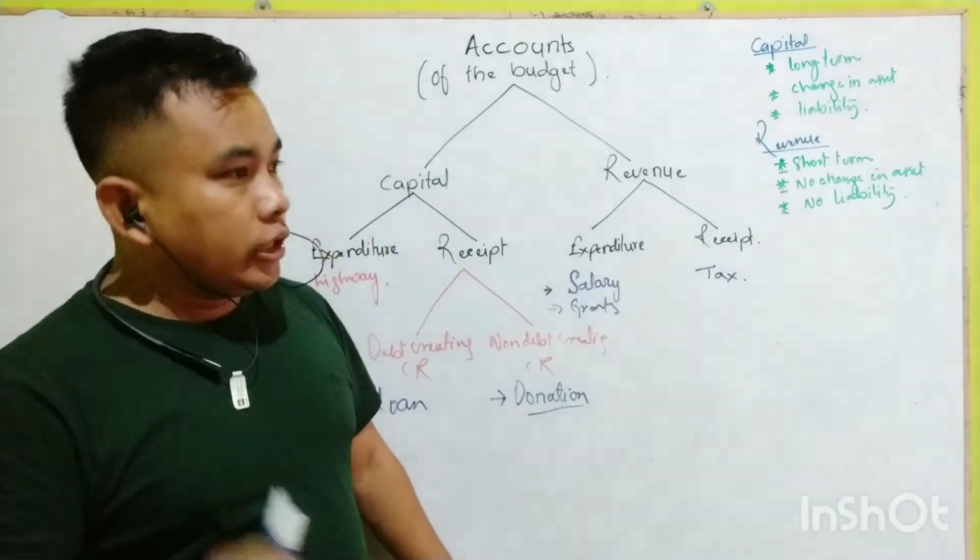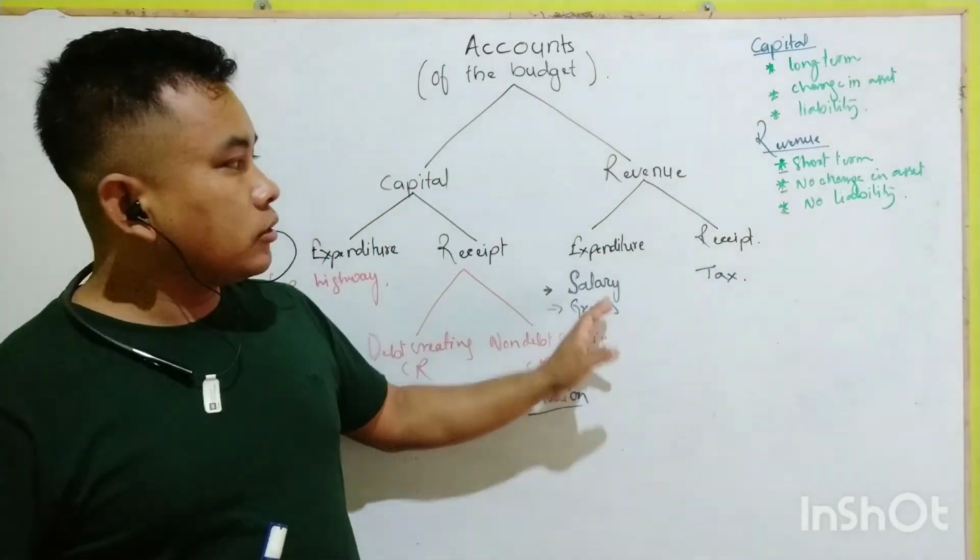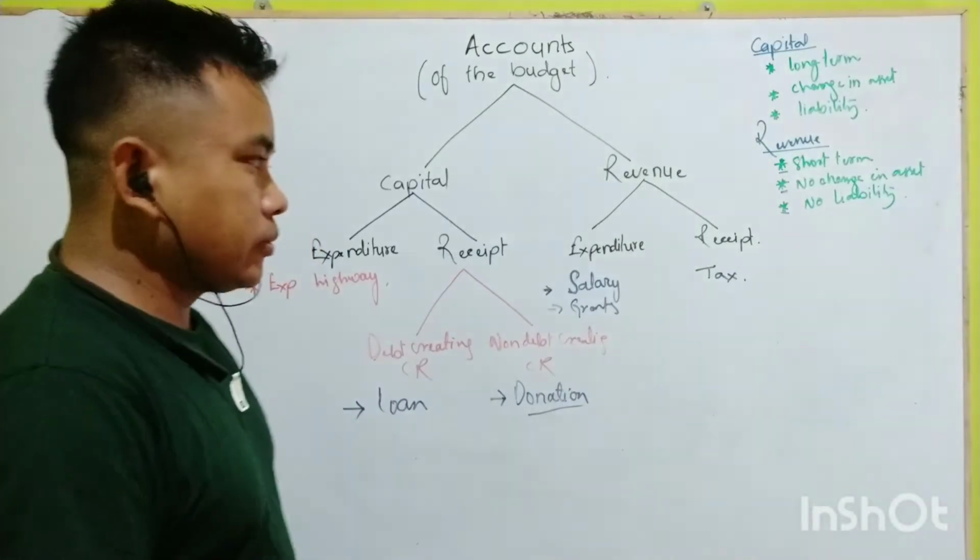Money spent on the day-to-day running of government comes under revenue expenditure.